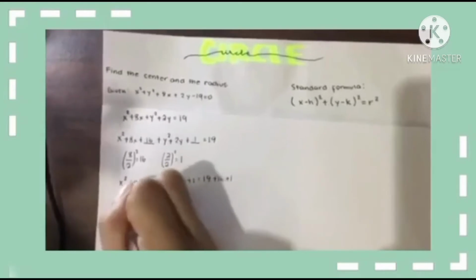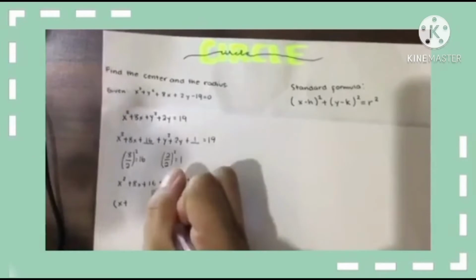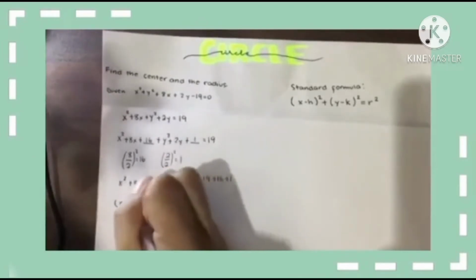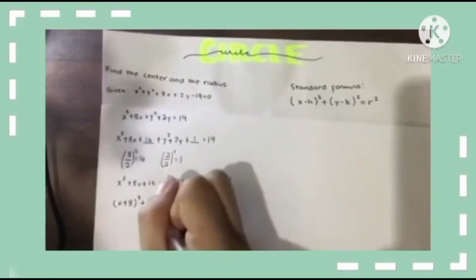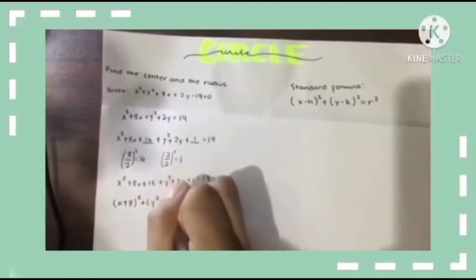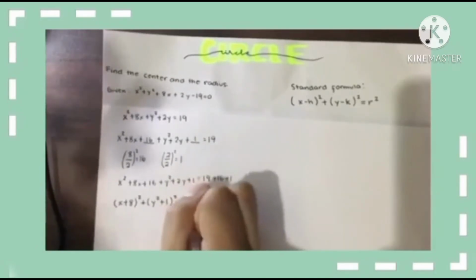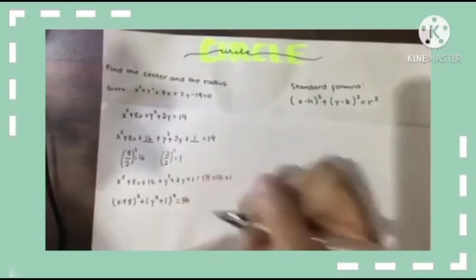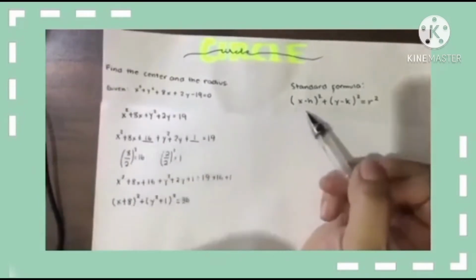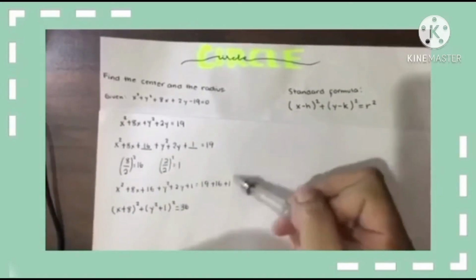So, (x plus 4) squared, since 8 divided by 2 is 4, plus (y plus 1) squared, since 2 divided by 2 is 1, equals 19 plus 1 is 20, plus 16 is 36. As you can see, we are already in standard form.